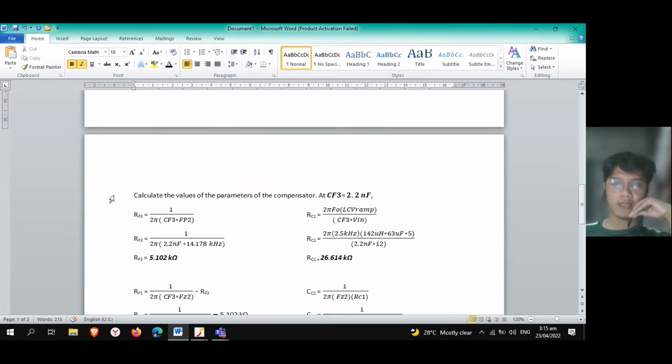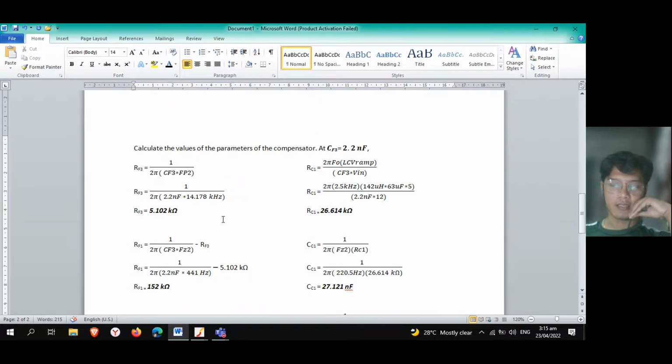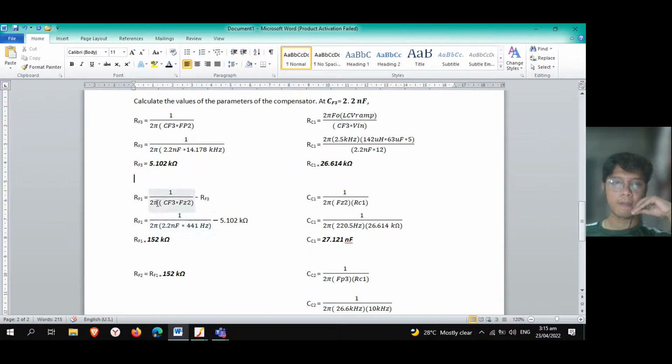Then we calculate the values of the compensator parameters. CF3 is equal to 2.2 nanofarad. For RF3, the formula is 1 over 2 pi times CF3 times FP2. Substituting 1 over 2 pi times 2.2 nanofarad times 14.178 kilohertz, the answer is 5.102 kilo ohm.